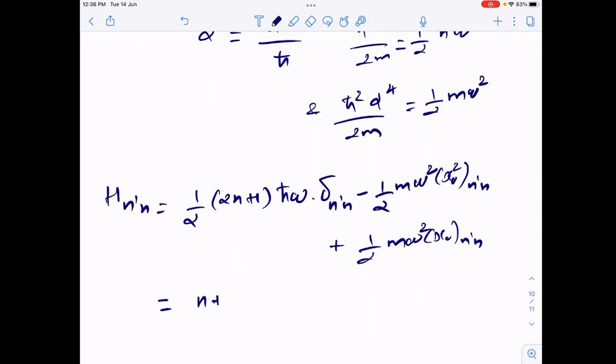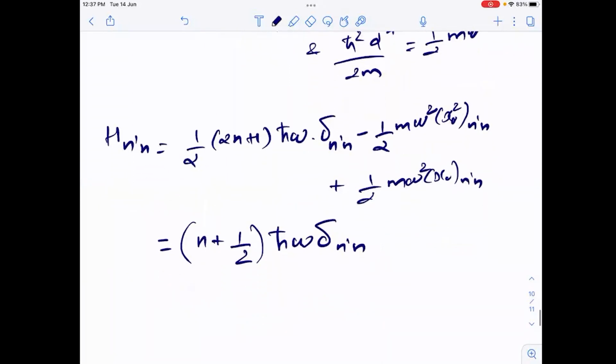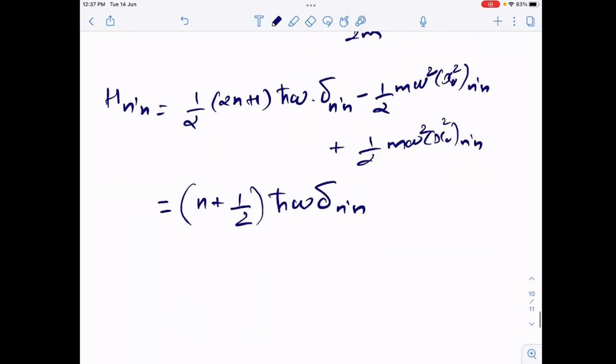You can simply see it's only left n plus 1 by 2 h cut omega delta n dash n. Fine. So what we obtain as the eigenvalue from the Hamiltonian, from H n n, will be n plus 1 by 2 h cut omega.